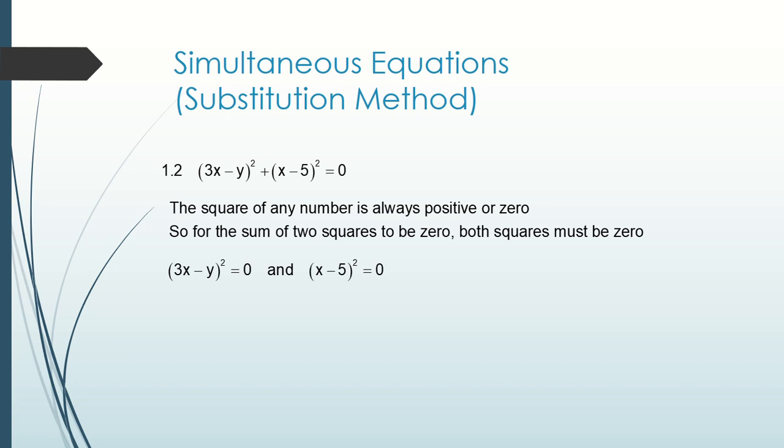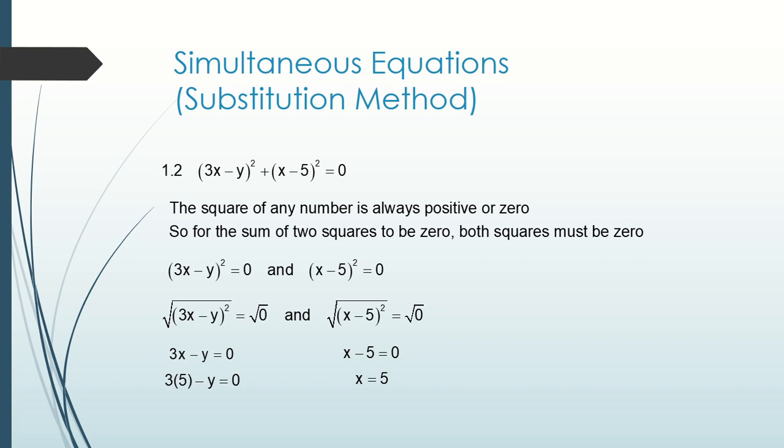So you start with the simpler one. If you take square roots, then you have x minus 5 equal to 0, which means x equals 5. And once you have x equals 5, you can then continue to the equation on the left hand side. You substitute the value of x, and you get your value of y to be 15.